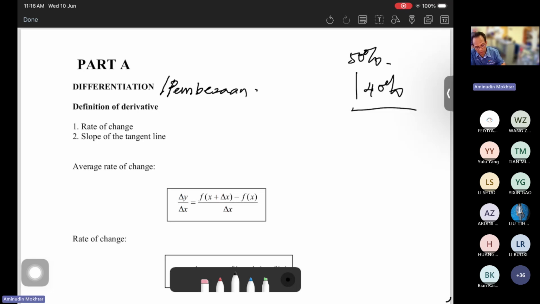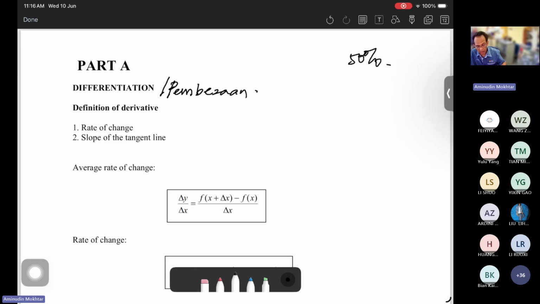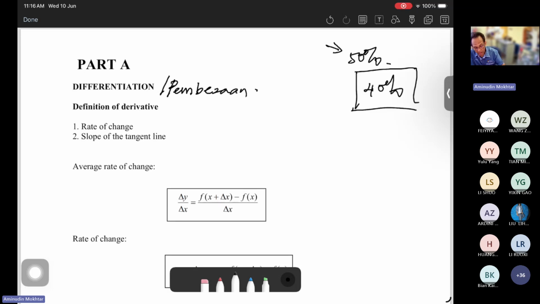So you need to wait until your final exam to confirm whether you fail or pass this course APPD 1040. So I repeat again, for mid test and also for quiz, the passing mark is 50%.